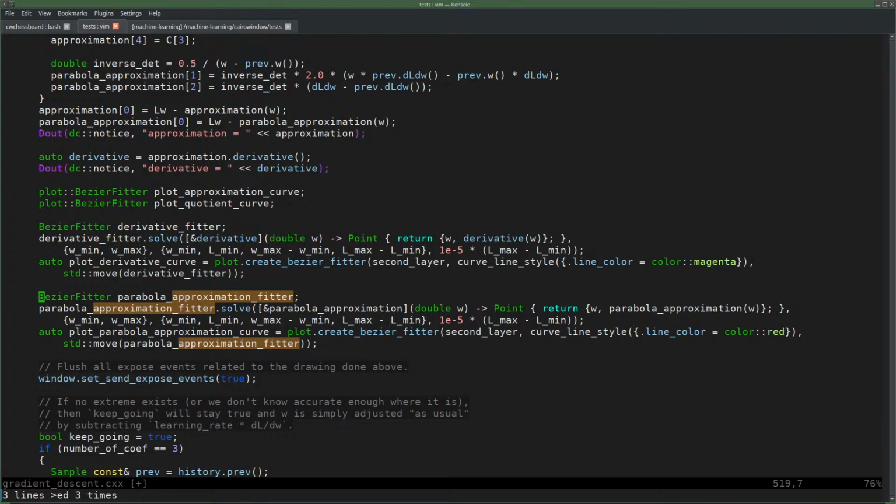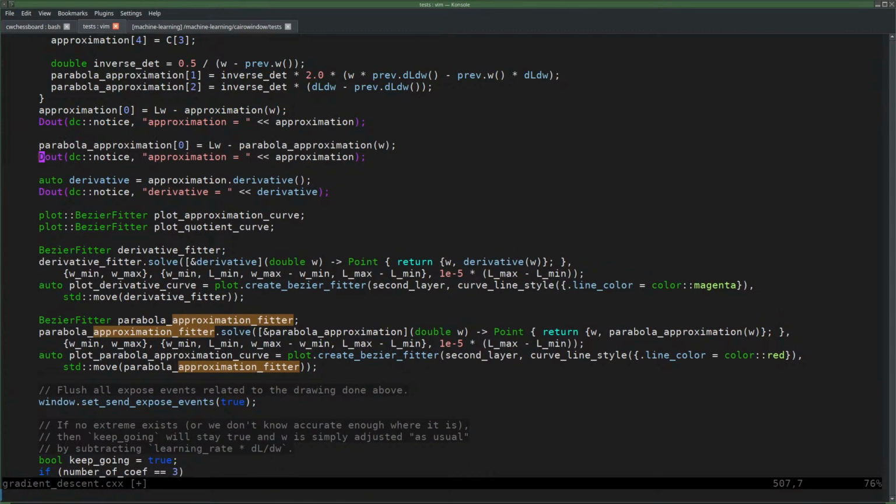I think I need to do that always. Not sure. Parabola approximation. I probably need that every step, yeah. So let's print it as well then. Like that. Pillar repeat approximation.